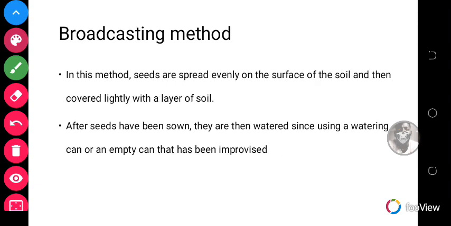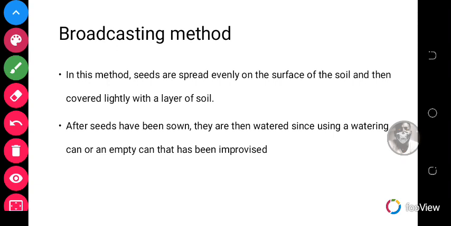Let's look at the other method, which is the broadcasting method. In the broadcasting method, seeds are spread evenly on the surface of the soil and then covered lightly with a layer of soil. The broadcasting method was what was in the beginning slide of this video. You realize that someone was planting seeds and the seeds were on the top of the soil.